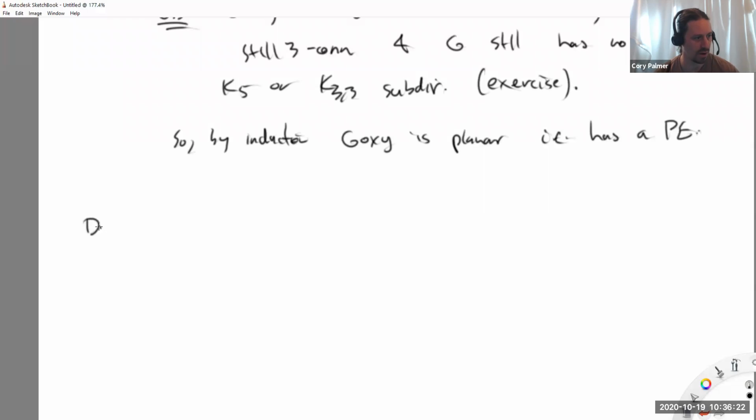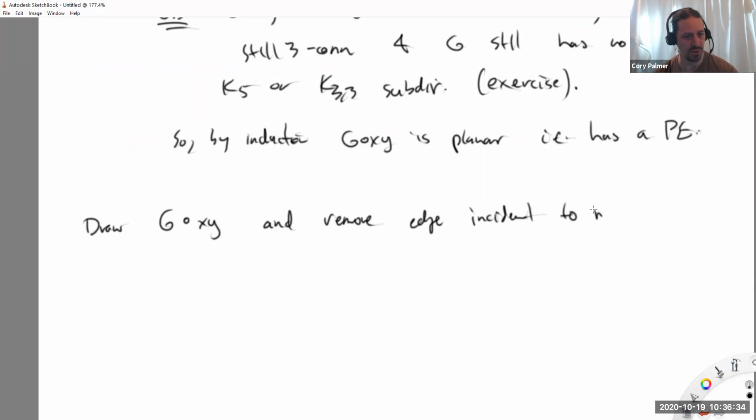Okay, so let's draw G contract xy and remove edges incident to the new vertex, say vxy, right? So when you contract xy, you get a new vertex vxy. Let's remove all the edges incident to that.